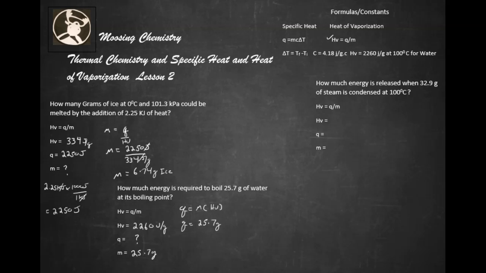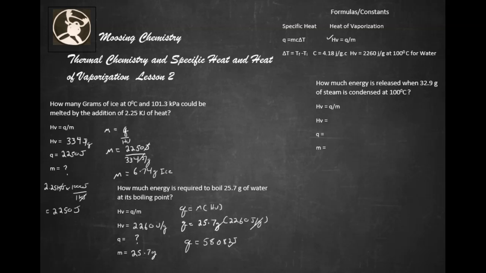So Q equals 25.7 grams times 2260 joules over grams. Grams cancel out, and of course it's going to give us our energy, which is in joules, and it's going to give me 58,000.82 joules, and we want to make that into kilojoules.